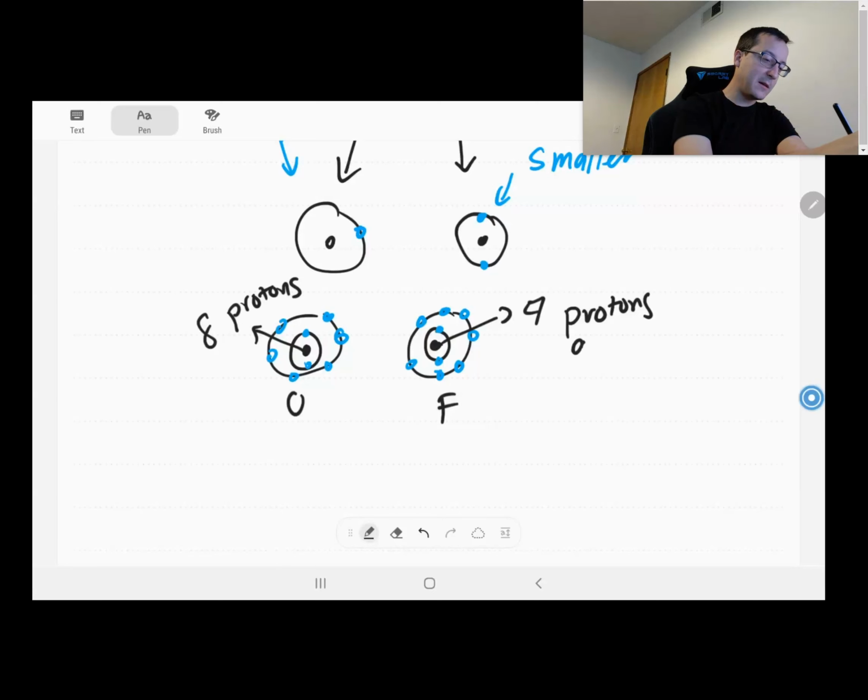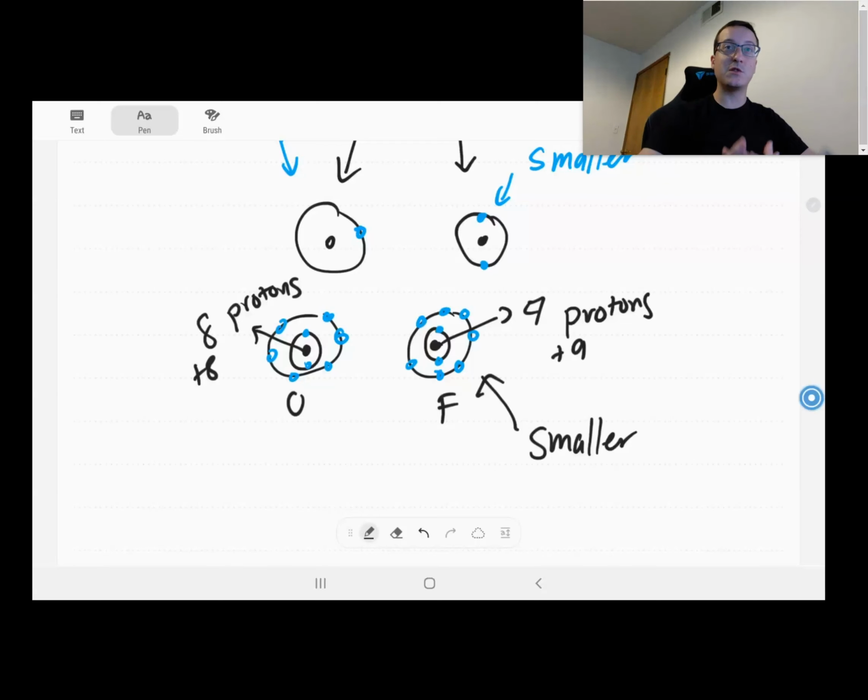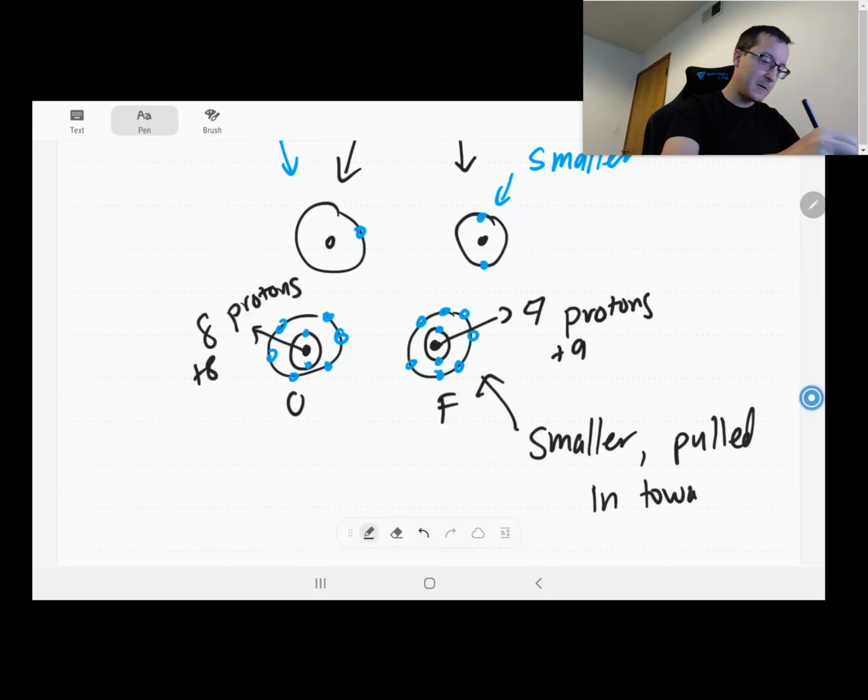So that means that it's a +9 charge, or a +8 charge. And so Zoe's absolutely right, this one should be smaller. Okay? Because more protons in the nucleus with the same number of shells is going to pull those closer together, pulled in toward the nucleus.